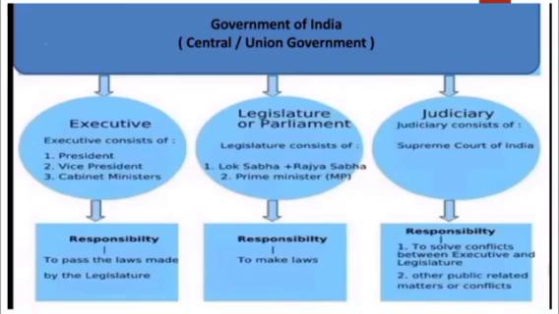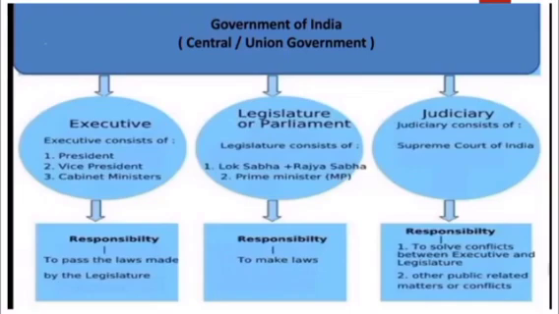The executive consists of the President, Vice President, and cabinet ministers. The major responsibility of the executive branch is to carry out the laws made by the legislature. The second one is the legislature or parliament.